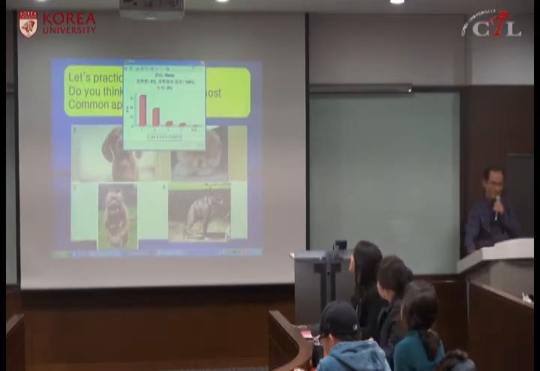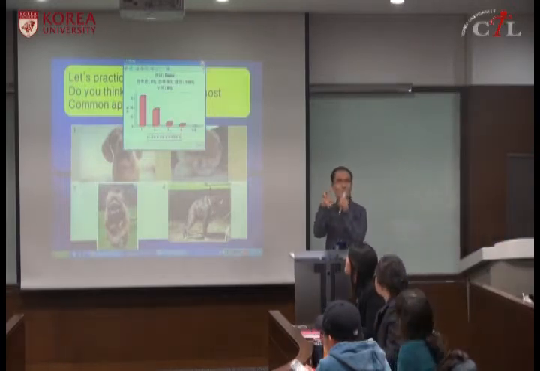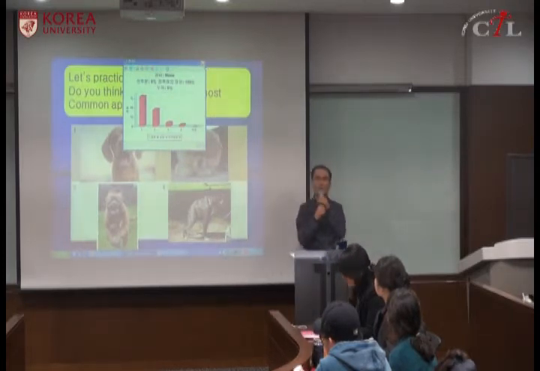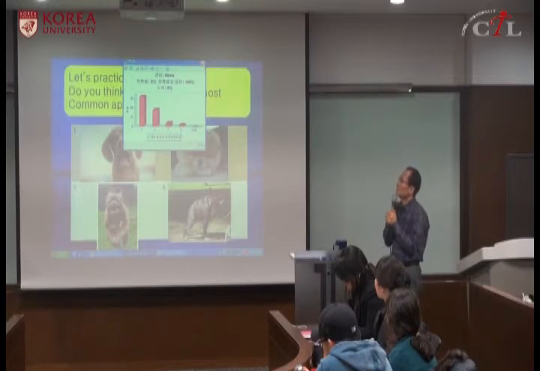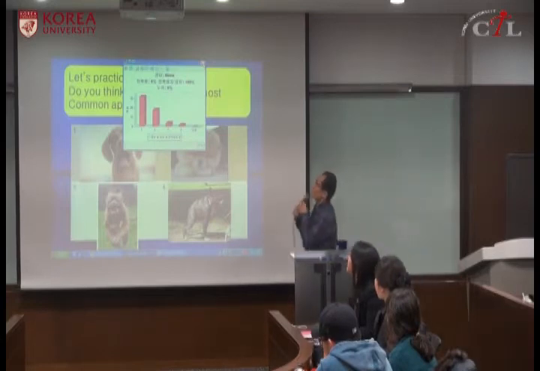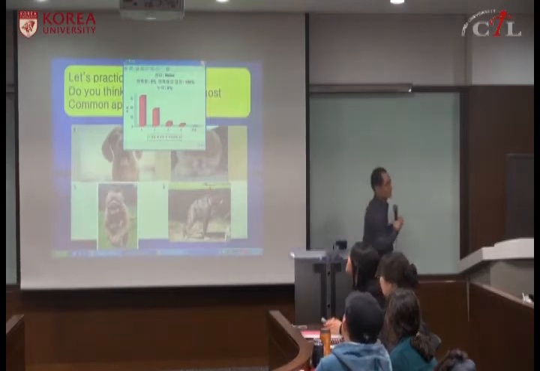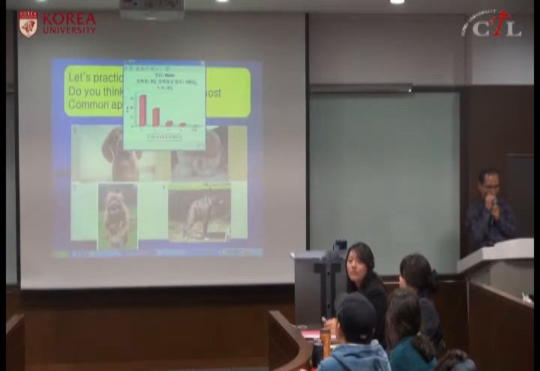Okay, let's practice once again. So now you're familiar with how to use the clicker. This is the way of expressing your ideas by using the clicker. At least 32. How many percent? Approximately at least 50%, right?